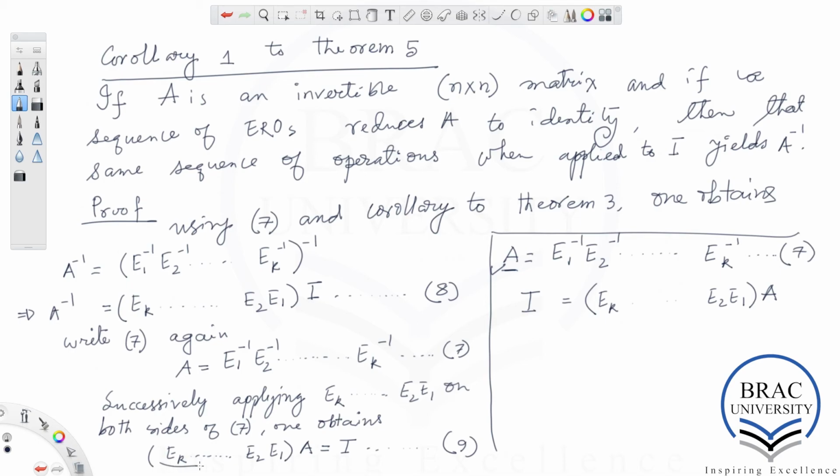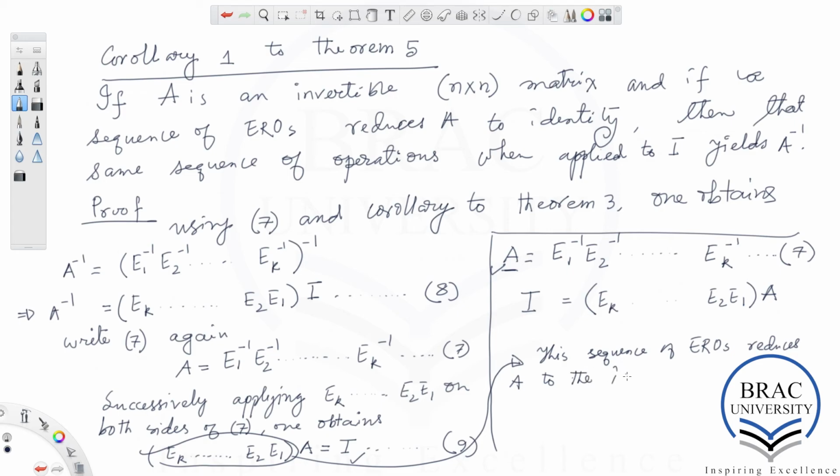So this sequence of elementary row operations reduces A to the identity matrix, right?